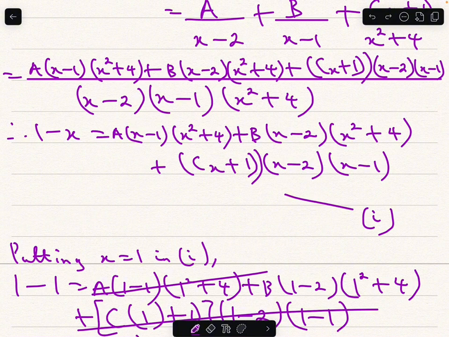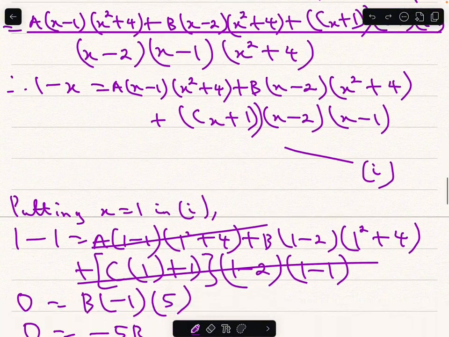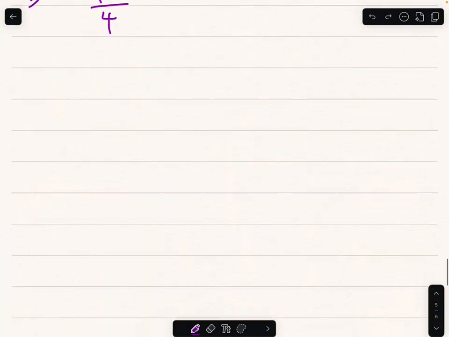Let me substitute a value for x that will not cancel out C. What value can I substitute for x that won't cancel out C? Okay, let me put x equals 2, I put x equals 1. Okay, let me put x equals minus 1. Yes, putting x equals minus 1.